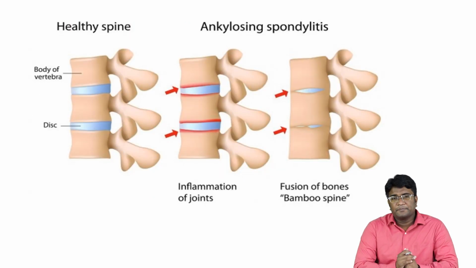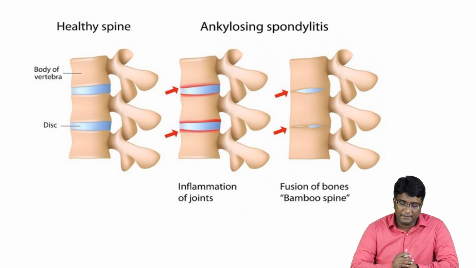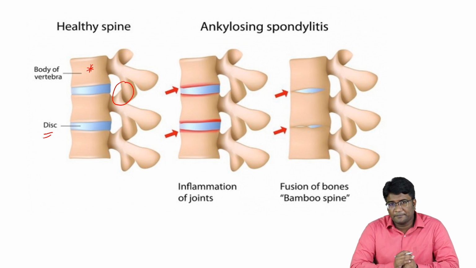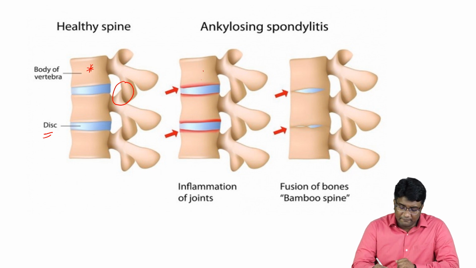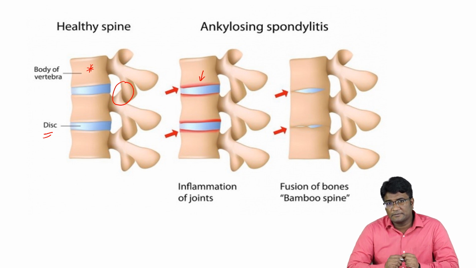Moving on further, let's see how ankylosing spondylitis would appear. If you look at a healthy spine, these are the vertebral bodies and this is the disc space. These are your apophyseal joints. In ankylosing spondylitis, there is inflammation, sclerosis, decrease in the intervertebral disc space.